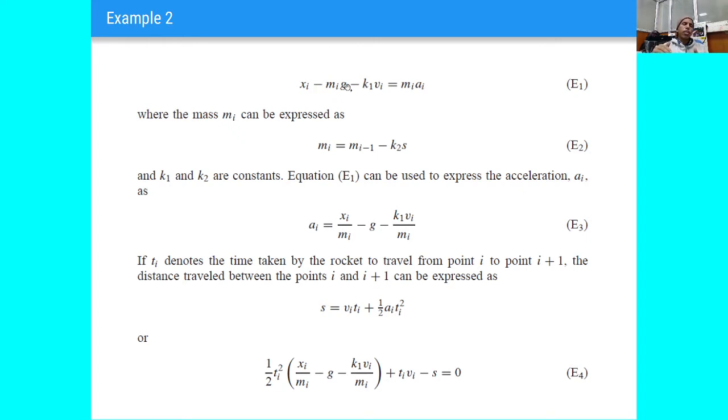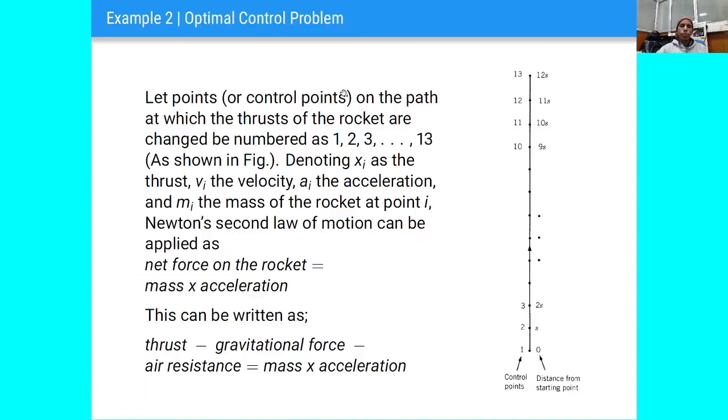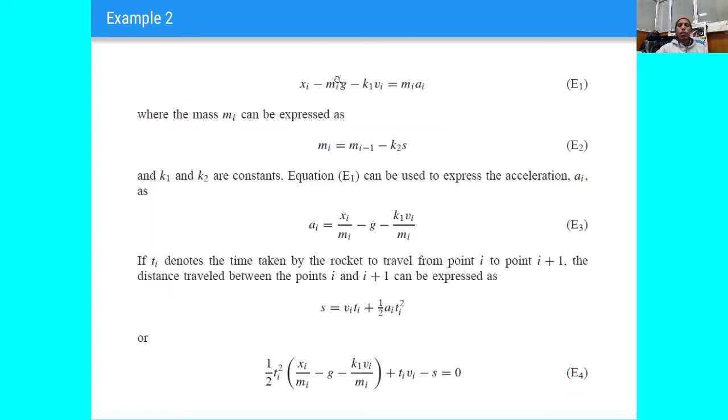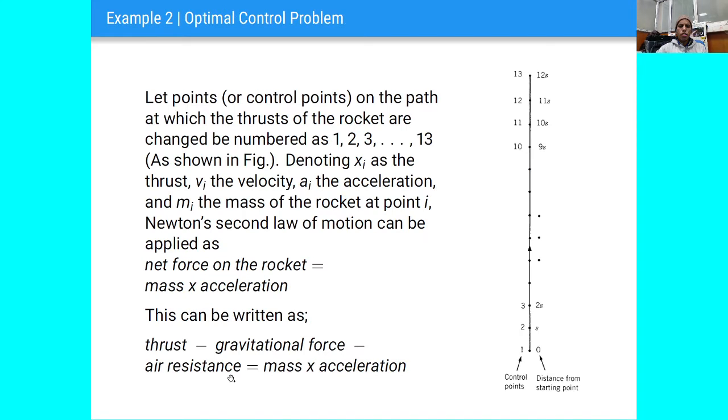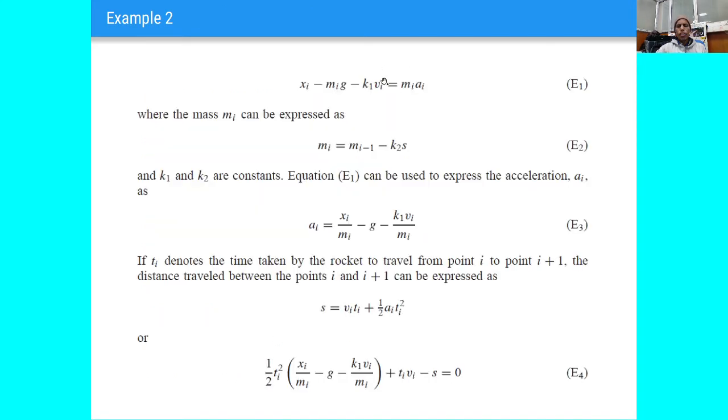Let us take any point i. So from this formula, thrust will be xi, and gravitational force will be the mass at this point, mi into g. And here k1 is your constant for calculating air resistance.